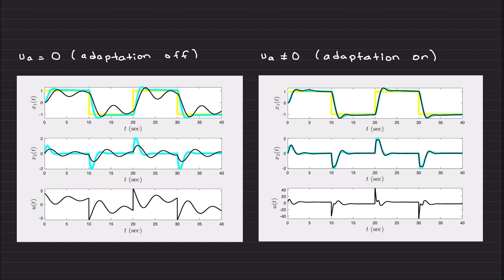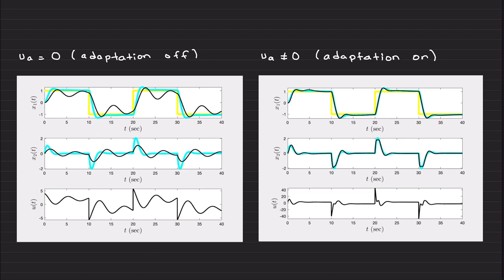Same here, blue is the reference model history, and black is the actual velocity. This is the control signal. So with PID control, because of the uncertainties, the system could not behave as the reference model behavior.